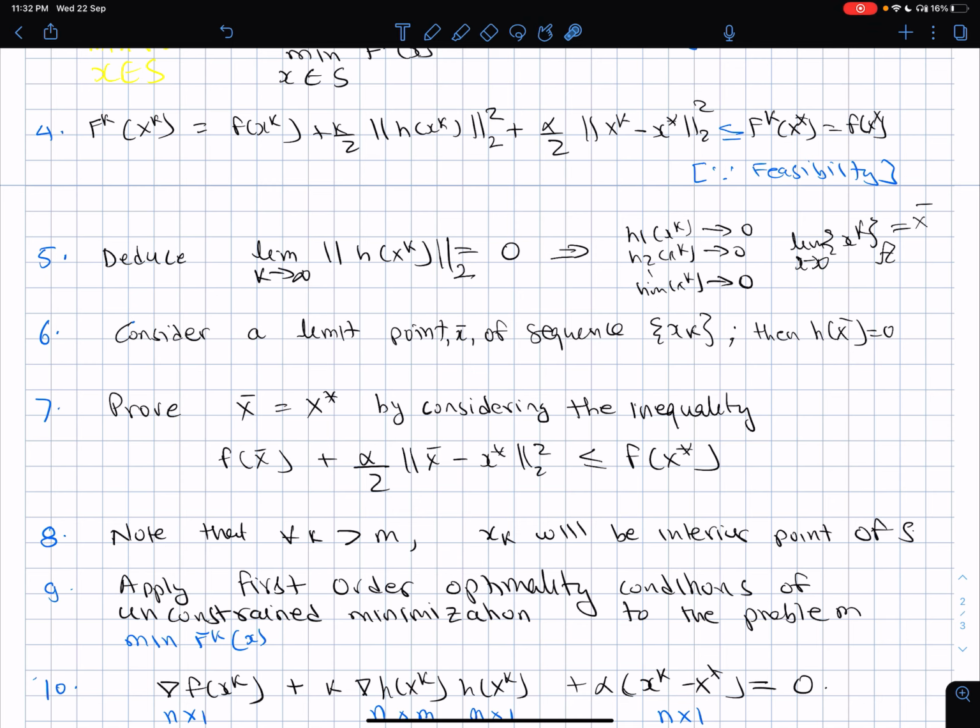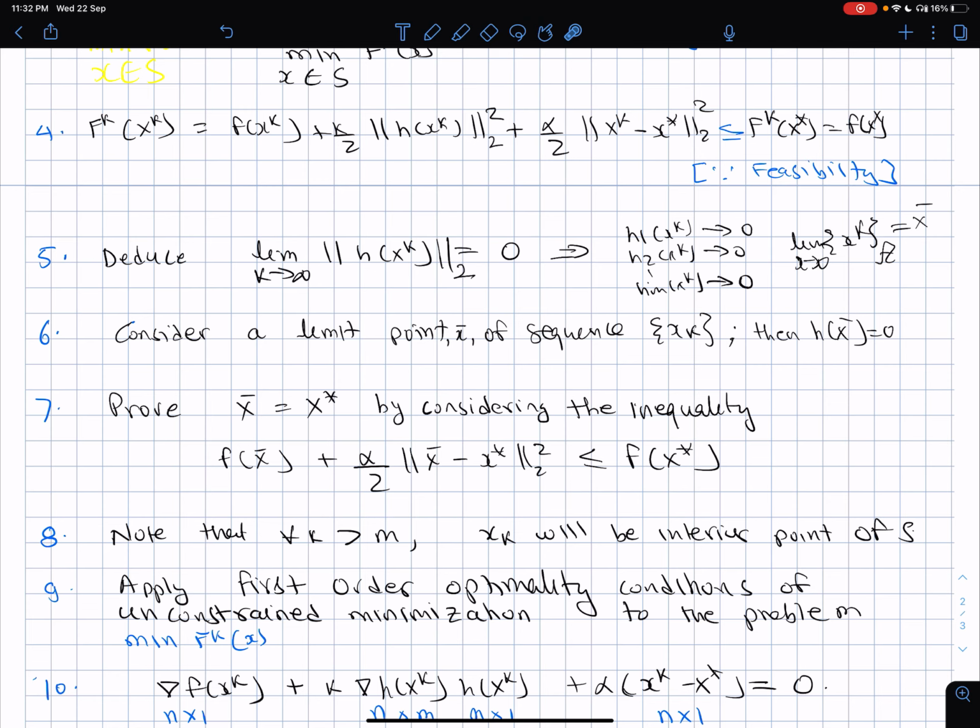I am trying to convert my constrained optimization problem to an unconstrained optimization problem, so that whatever I have learned about the optimality conditions of unconstrained optimization, both first order and second order, I can apply it there. But to do that, I need to show that this x bar is nothing but x star.